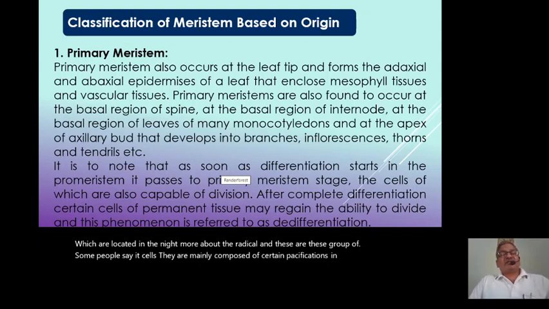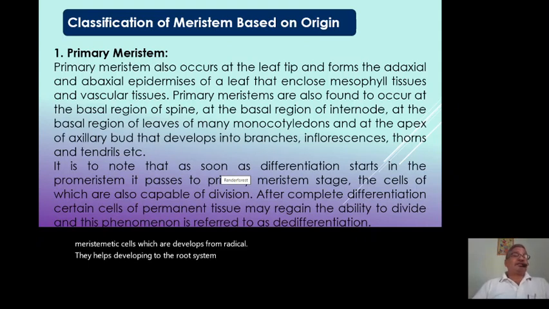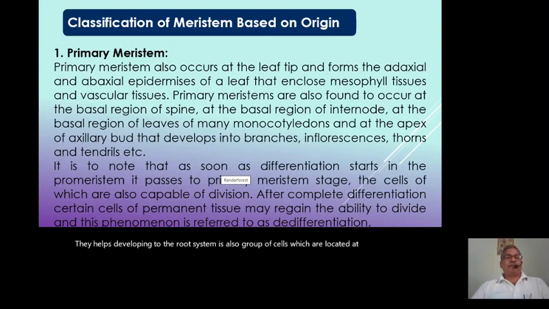The meristematic cells which are developed from the radicle help to develop into the root system. Similarly, there is a tissue called the plumule. This plumule is also a group of cells which are located at the base of the cotyledons.